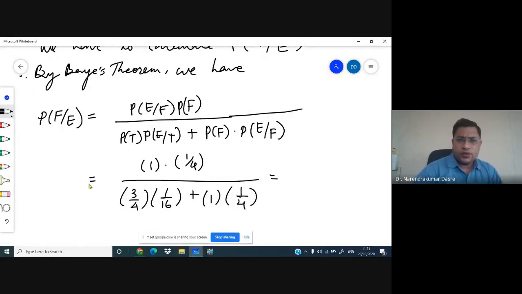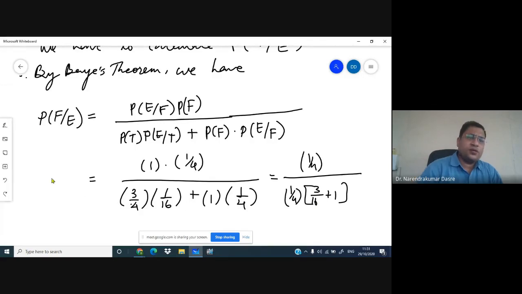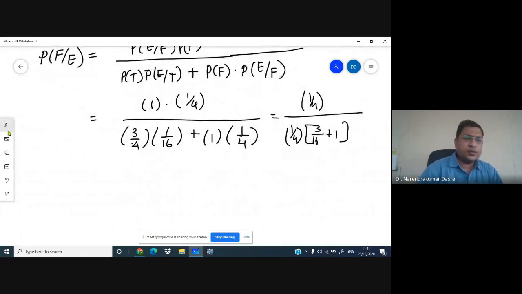So in the numerator we have 1 by 4, and from these two terms I can take 1 by 4 out, and the remaining term will be 3 by 16 plus 1.